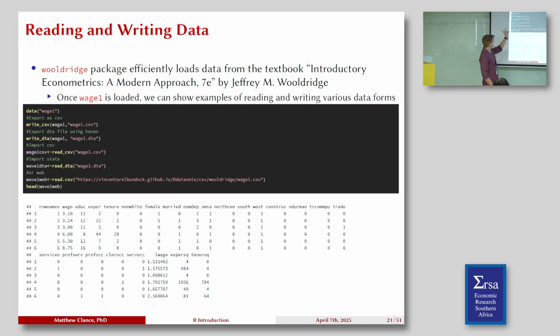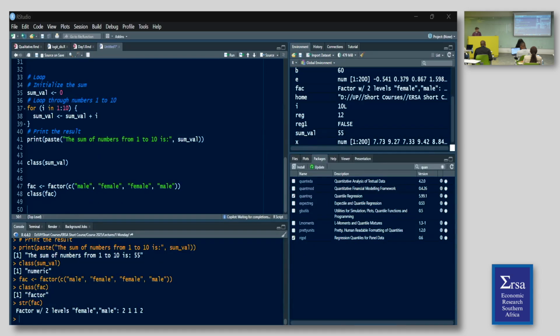So basically the Wooldridge package focuses on the introductory, but it does have some of the graduate outcome data sets as well. And in this case, once we load it, we could actually load the package directly from Wooldridge.